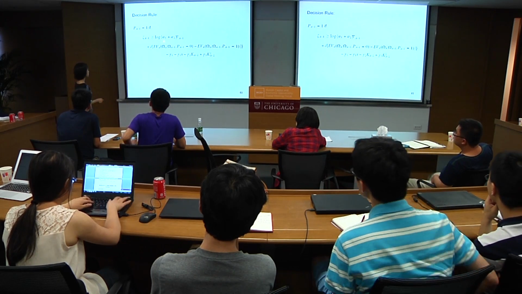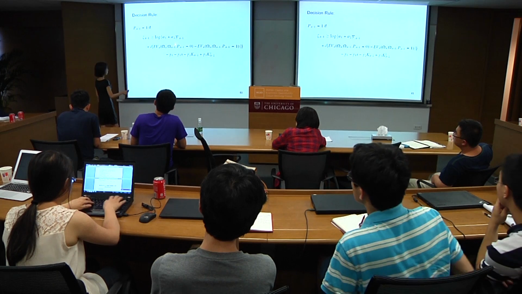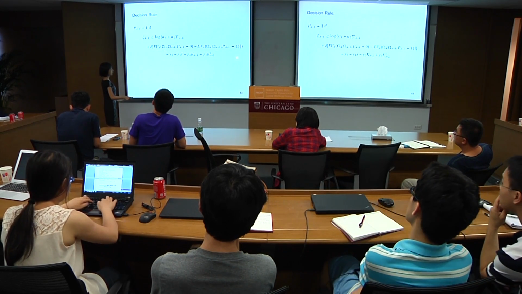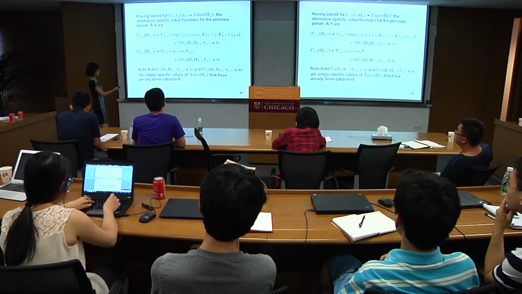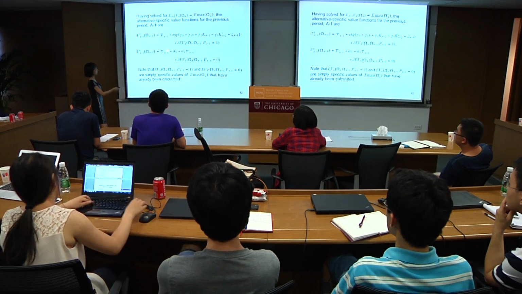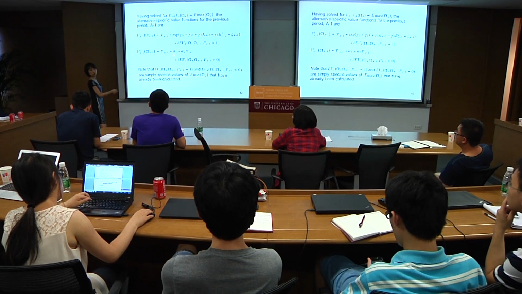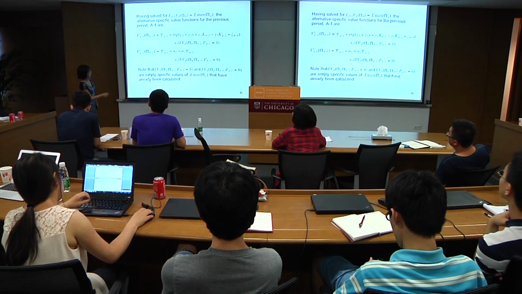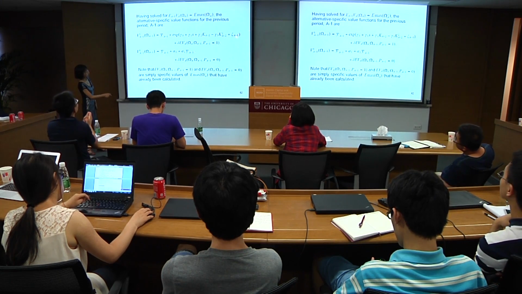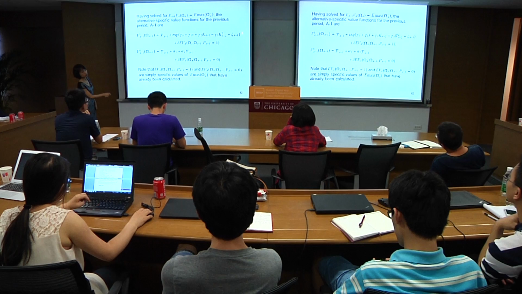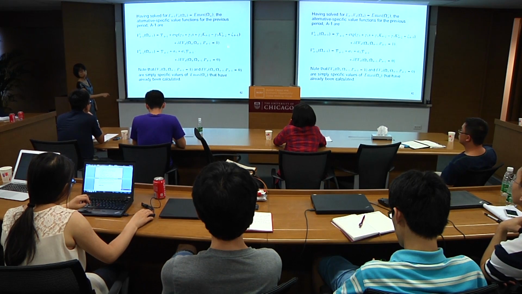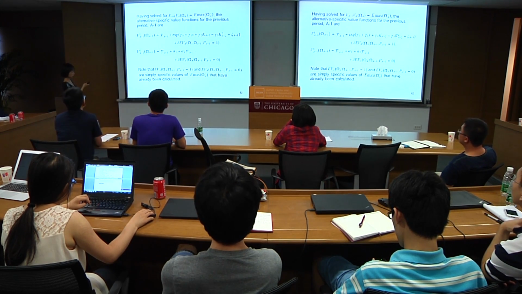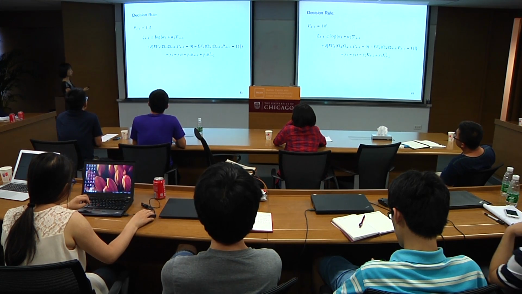You would participate if this whole thing holds. It's basically just comparing this whole thing with this. As you can see, the beauty here is this thing can be singled out analytically. That's the beauty.